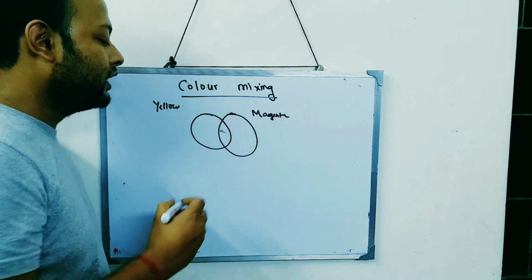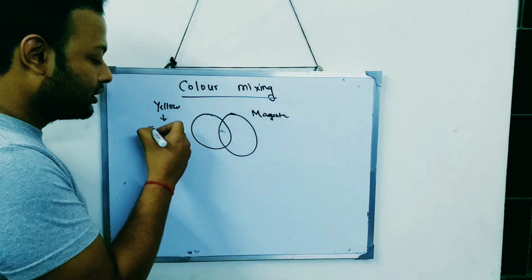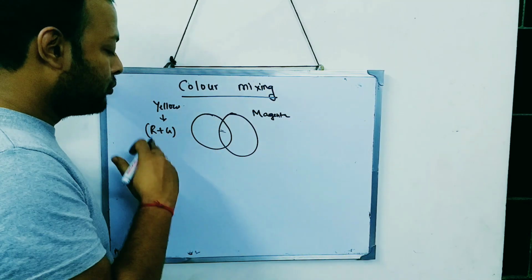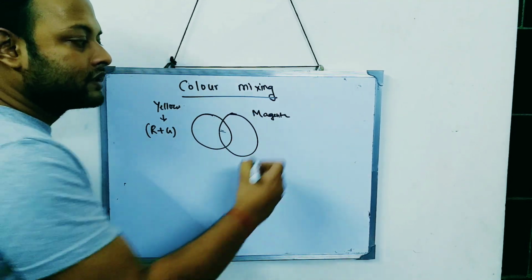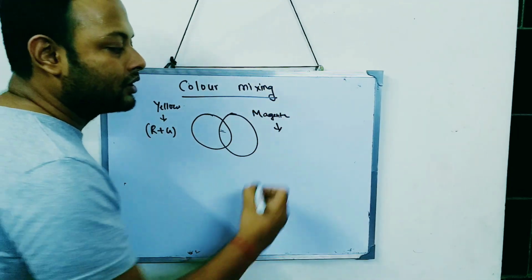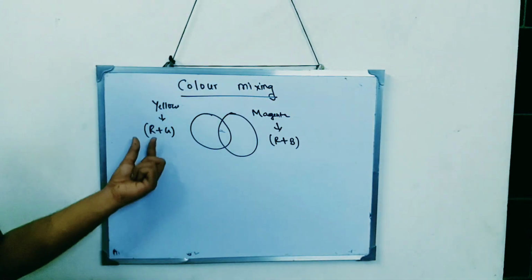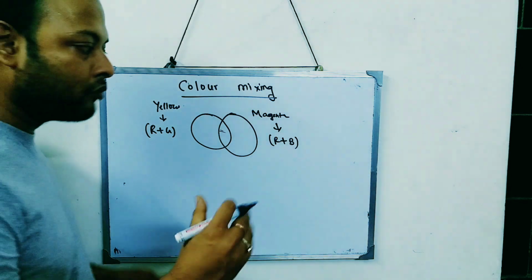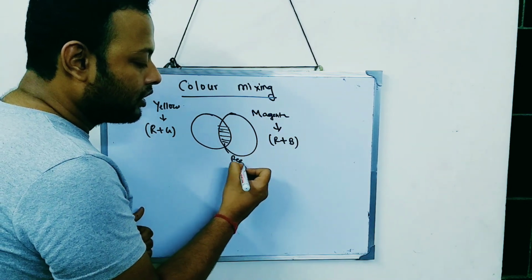Think. Yellow can reflect which two colors? Red and green, because yellow is made up of red and green. Similarly, magenta gives red and blue. Now you see, red is the common part, so this part will appear red.